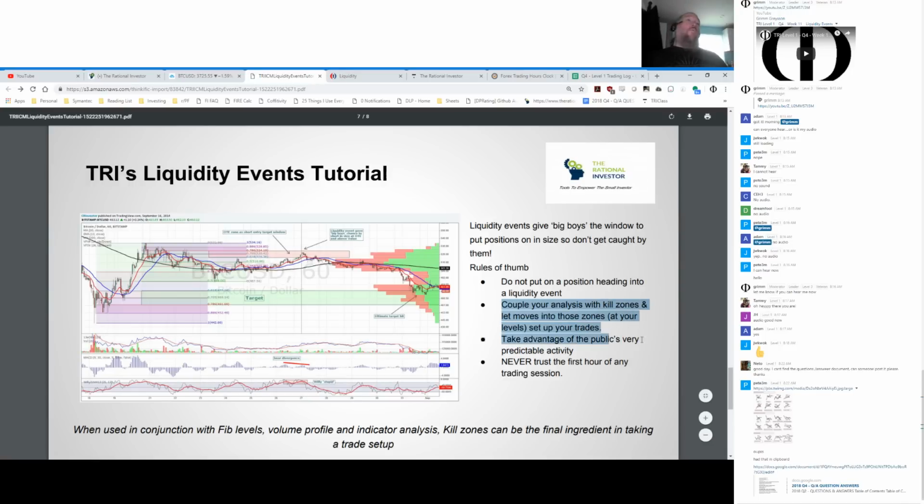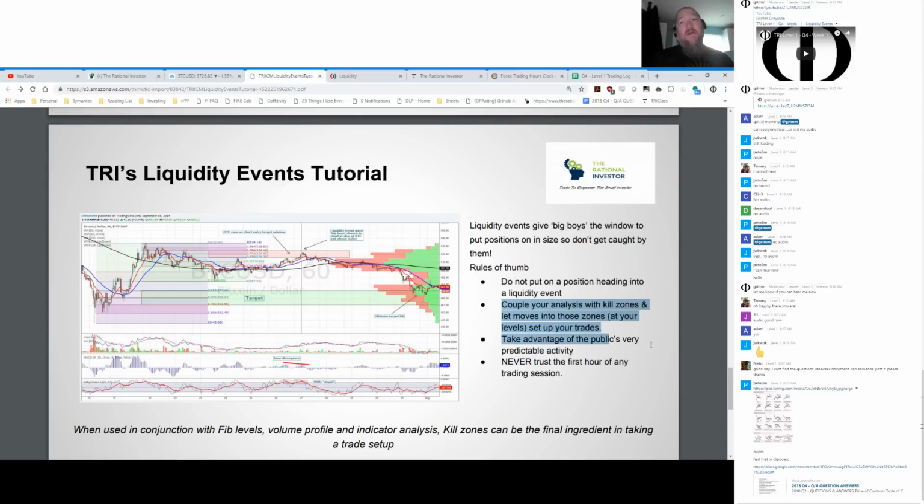In other words, while I did say we do discount some of that, we will also take advantage of that. If you're setting up a trade and waiting for it to dip down to a certain level, very often you can set your buy order at the level that you want to buy at, and then wait for the liquidity event when price will go a little crazy to come down and fill you.